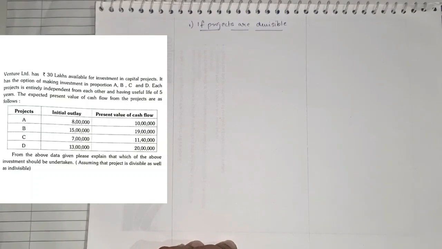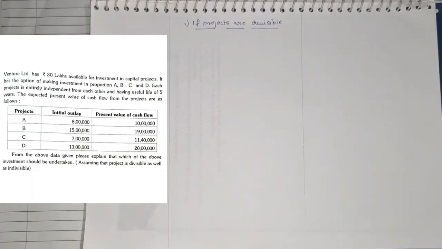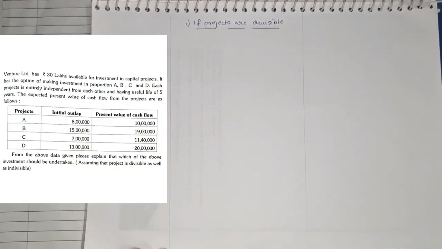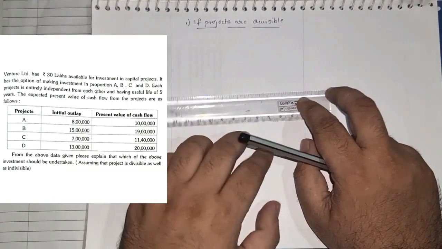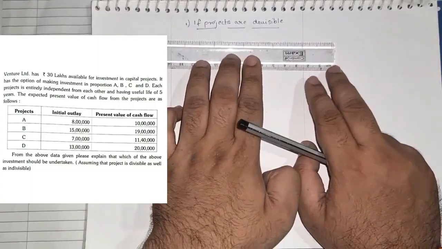If it is divisible, we have to rank them, and based on the ranks we'll see which investment is the best. They have given you initial outlay and present value, so we need to find the net present value, that is NPV. In order to find the NPV, we will make a small tabular format.